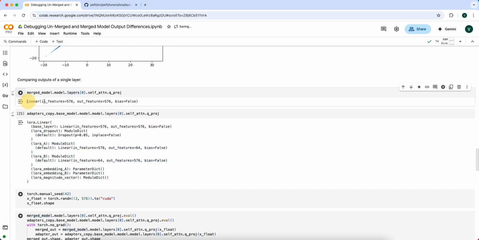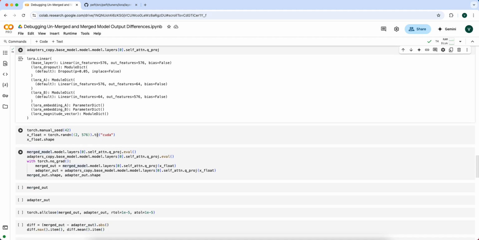And so here we're going to start visualizing that a forward pass through a single linear layer with a single weight matrix, and a forward pass through a LoRA layer with 1, 2, 3 weight matrices is going to cause the outputs to be different.